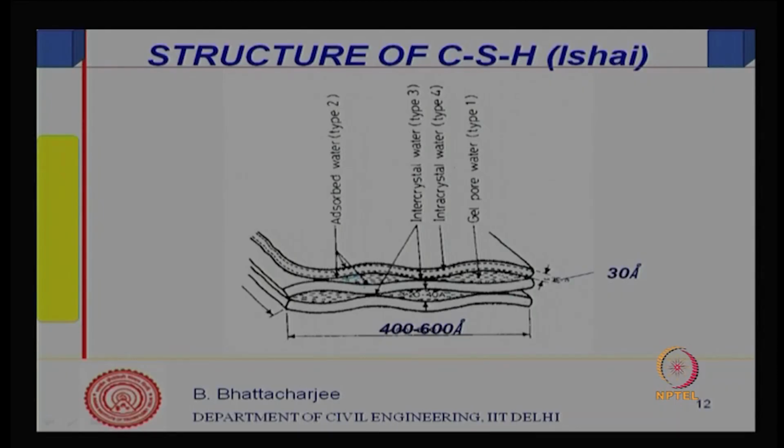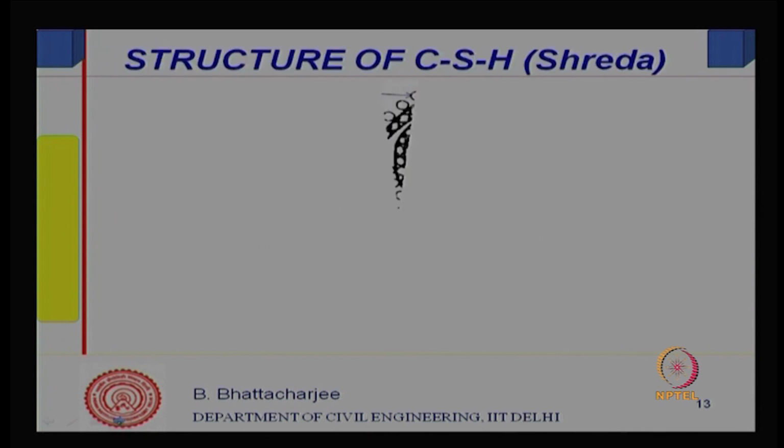Then this water he is calling intercrystal water, which is between the layers of CHS, and still there will be some water in the space between the sheets, which is called gel water. So, this was one model proposed.